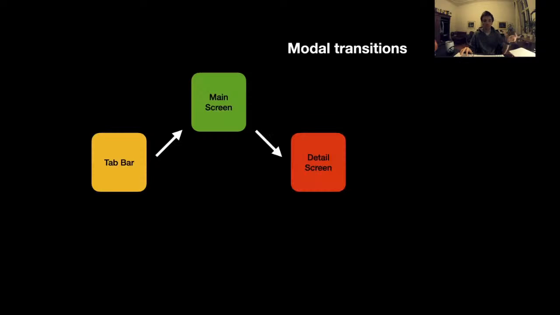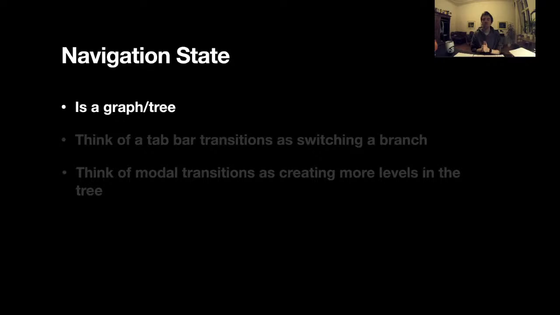So first we do modal transitions, then we go back, and then we do, let's say, container controller transitions, or we just change the presented controller. Why is this important? Because we cannot model our transitions in the state just as a stack, because we can change these branches, and this looks more like a graph.